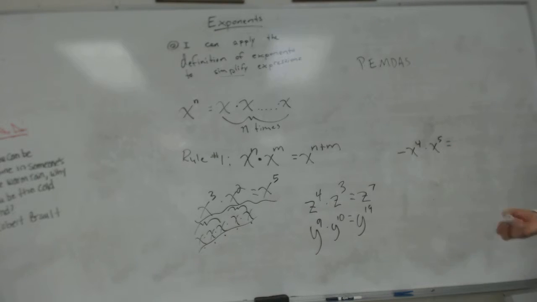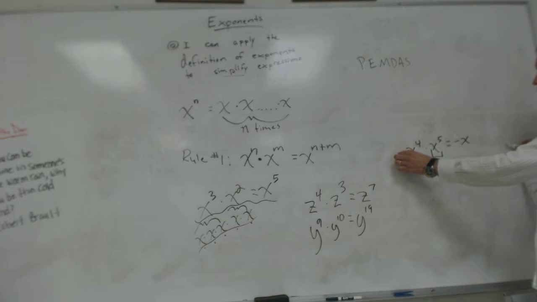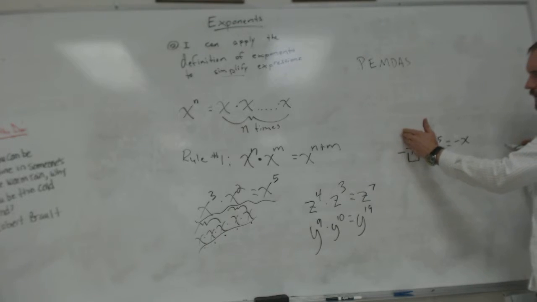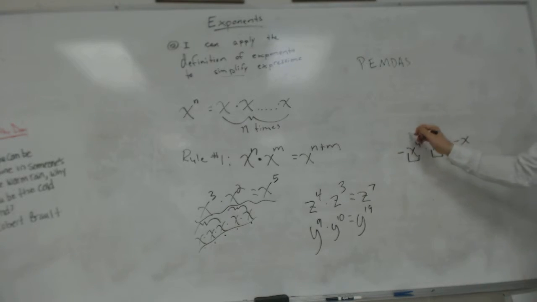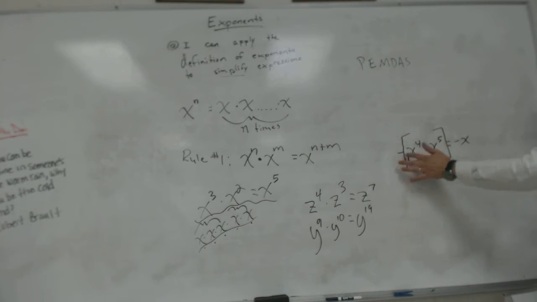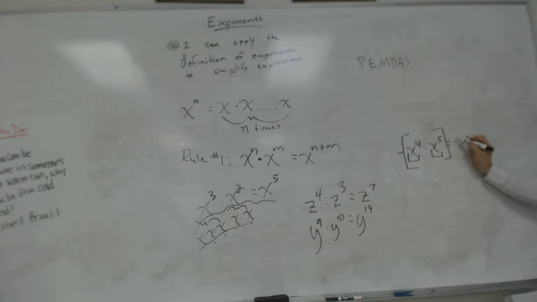Negative x to the 4th times x to the 5th. Negative x. So remember what I said: this is my base, just the x, right? The negative just sits over here to the left. You could almost put a bracket around this negative.